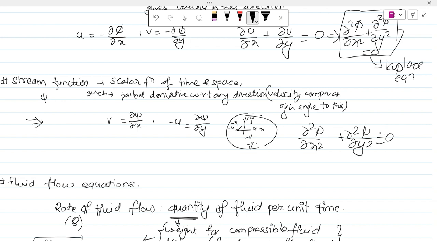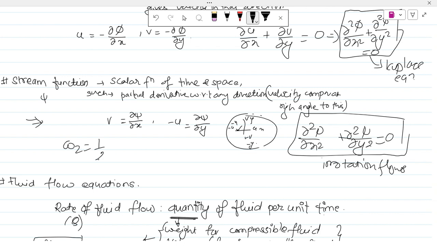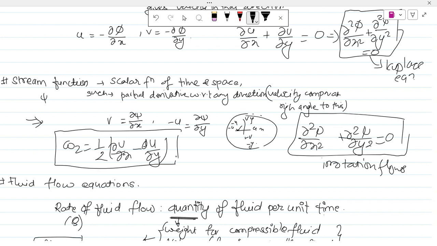So it is for irrotational flows. Why irrotational flows? Because the rotational component is omega z equals 1 by 2 times (dv by dx minus du by dy).